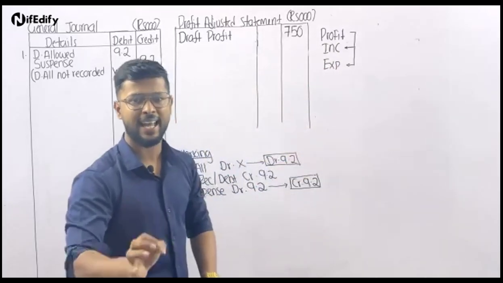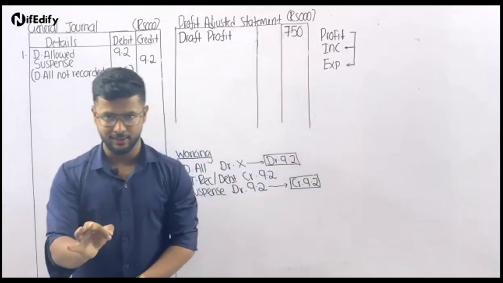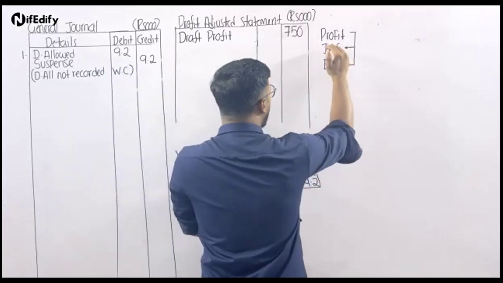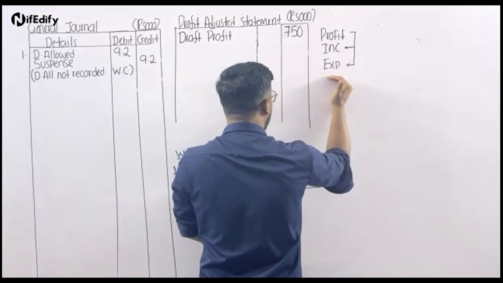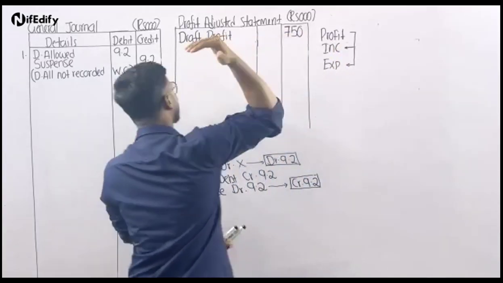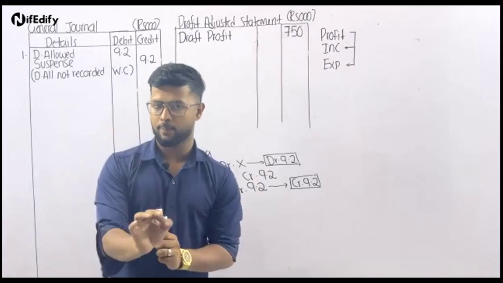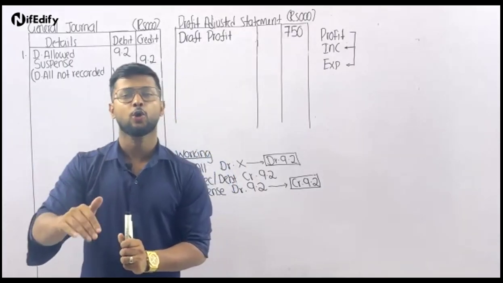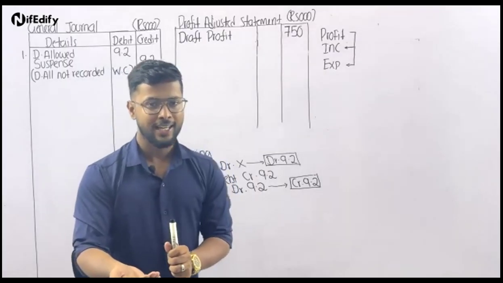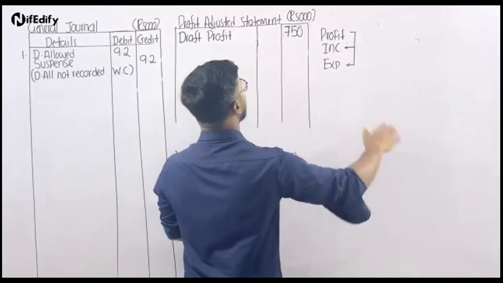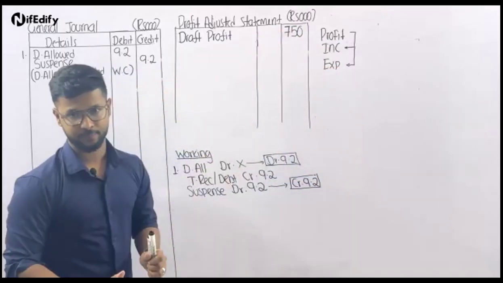So keep in mind, as long as one of these two tangents is affected, you need to adjust it. Simple as that. Let me repeat it one more time: due to an error, if one of these tangents is affected, it must be adjusted.